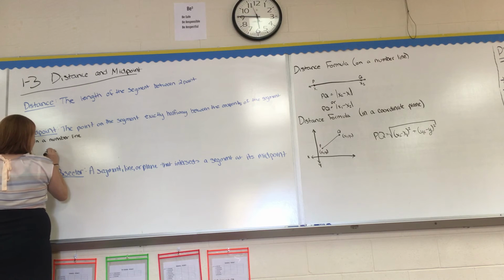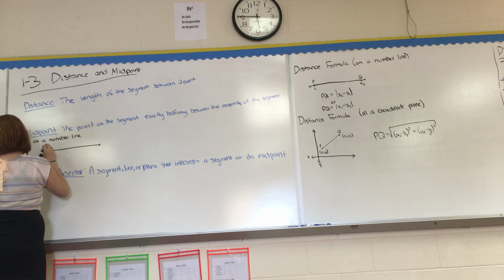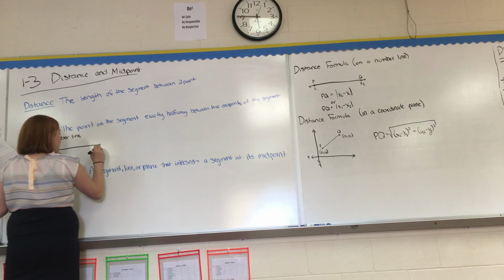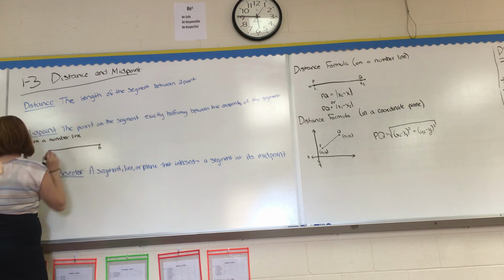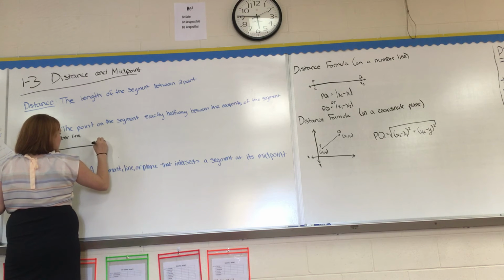I know, I threw a lot of that at you. So we are going to draw this out. We have points A and B, similar to the one up there. A is x1, B is x2.